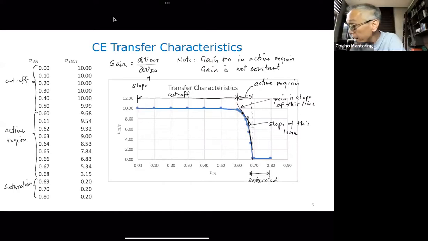And therefore my gain here is higher. So depending on my operating point, I will have a different gain. So hindi talaga constant yung gain mo in the active region. So your gain depends on your operating point.